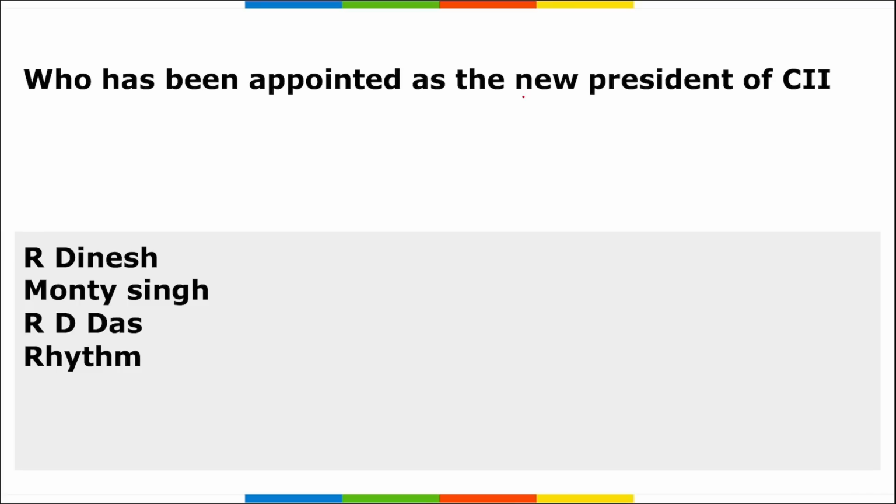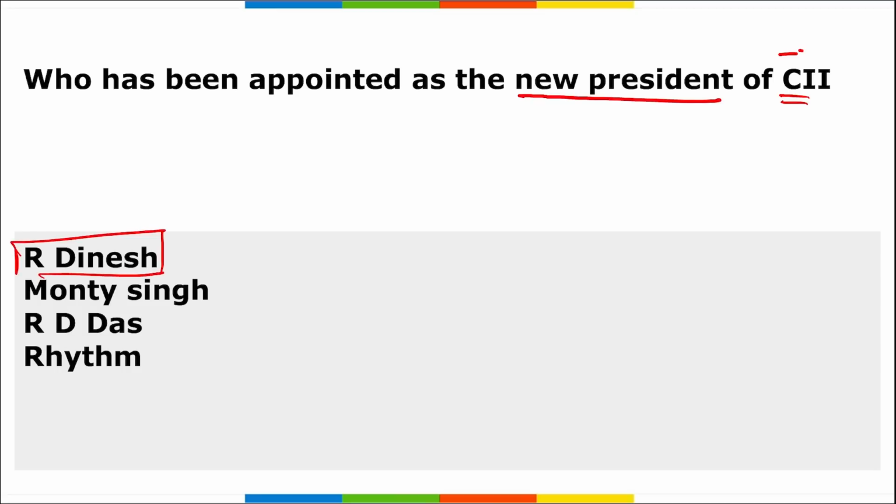Moving on, who has been appointed as the new president of CII, the Council of Indian Industry, right? Not council, Confederation of Indian Industry. Who has been appointed as the new president of the Confederation of Indian Industry? He will be R Dinesh.